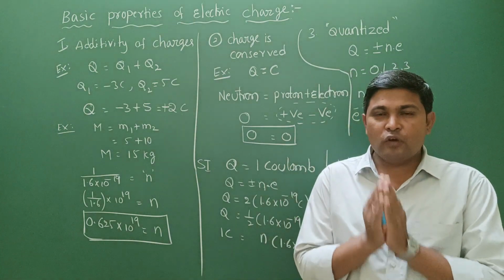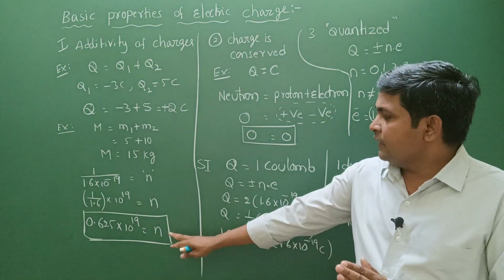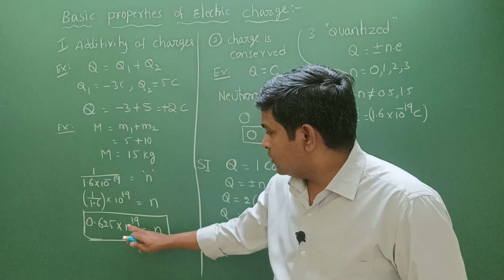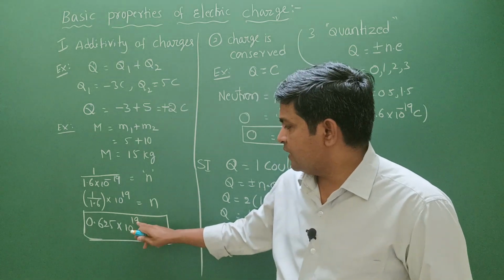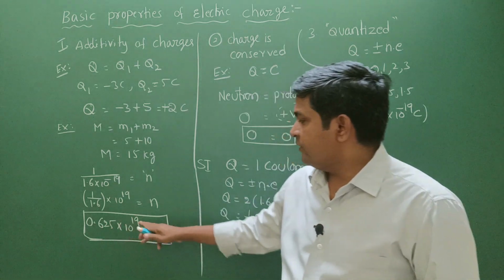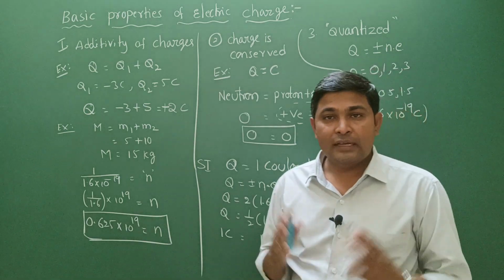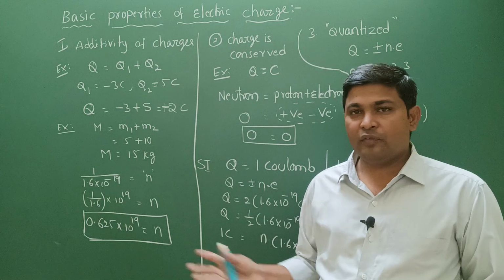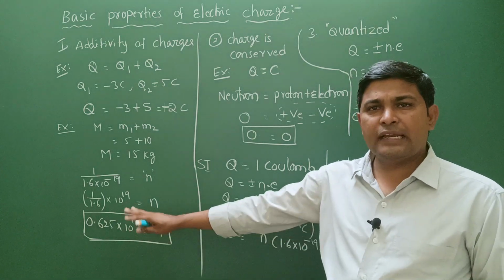Whenever you are saying 1 coulomb of charge, you are saying 0.625 into 10 to the power of 19, or if you want, 6.25, you reduce one zero here, 6.25 into 10 to the power of 18 electrons, or 10 to the power of 18 protons if it is a positive charge.